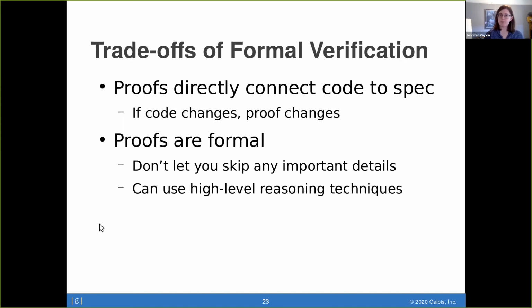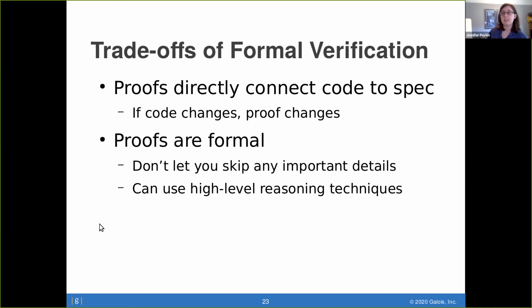The second pro of formal verification is that these proofs are formal and precise. And what that means is that you are not allowed to skip any important details. If you're reasoning about a program on paper, it's pretty easy to mess up. As I said before, you might forget about a case or a corner case or make an assumption that doesn't actually hold.